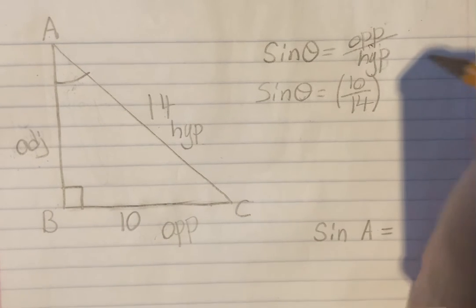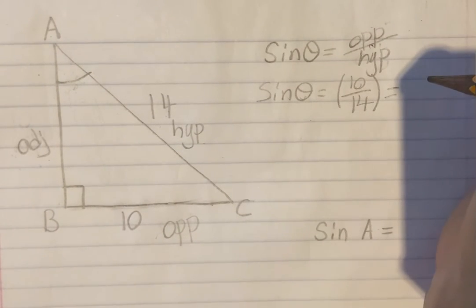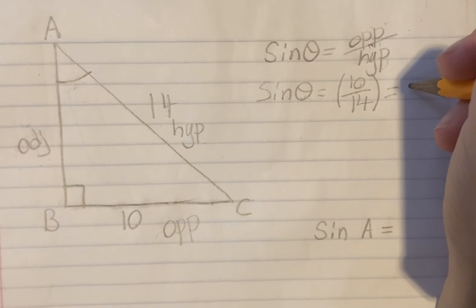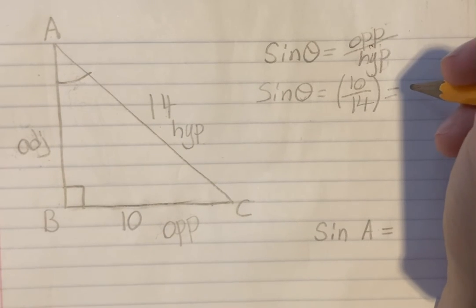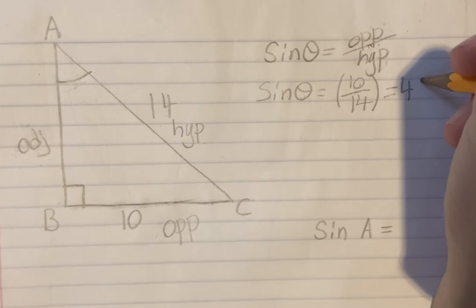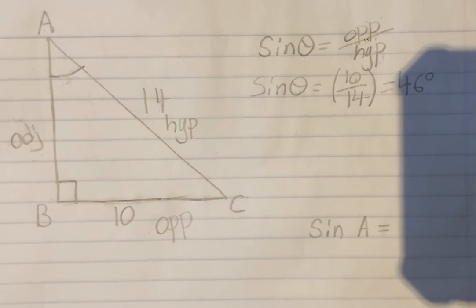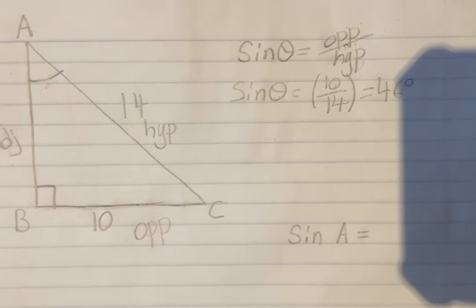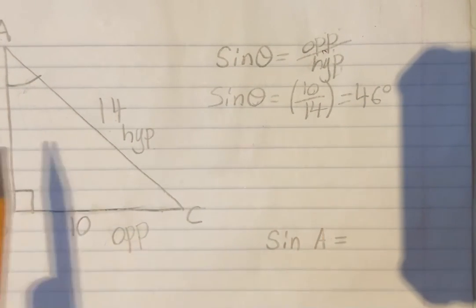Once you have that, you just click equals, and it should give you a number, 45.5846, yada, yada, yada, but I'll bring that up to 46. So already, we have the indicated angle found. We're just going to label that 46 degrees.